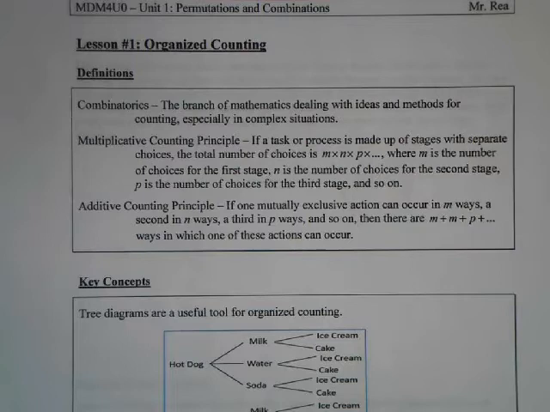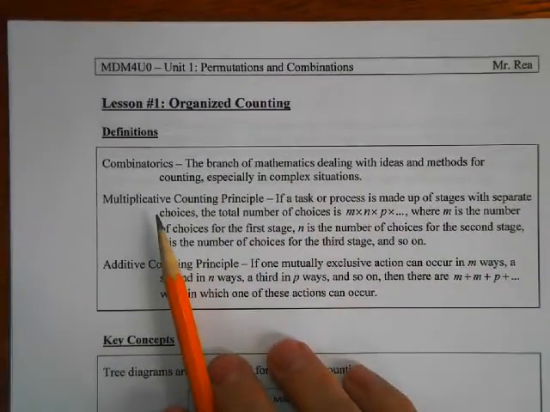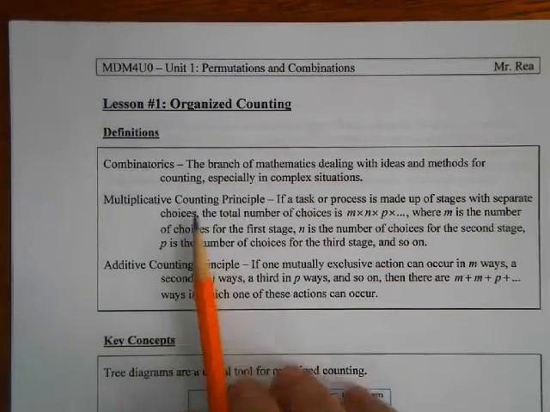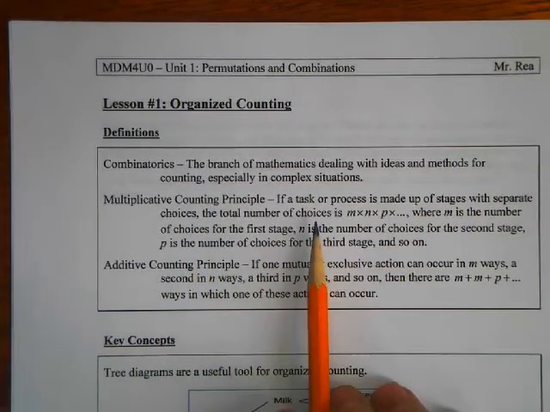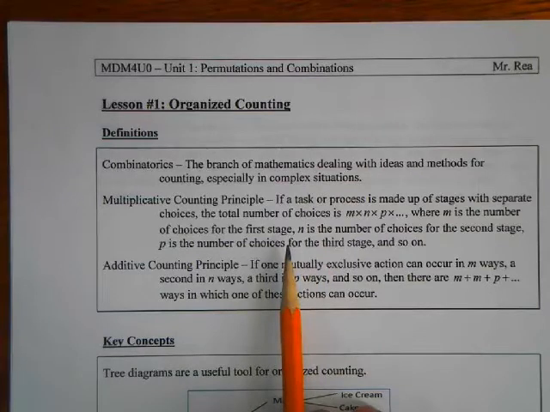One is called the multiplicative counting principle, and the other one is the additive. So you'll choose one or the other, and I guess there are some situations where you might use both, but generally it's one or the other. You have to look at the situation that you're dealing with, and through the examples you'll get a better feeling for how this works.